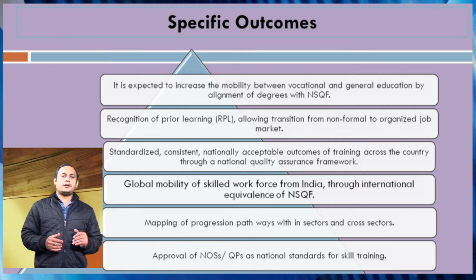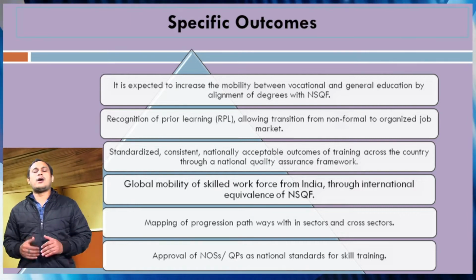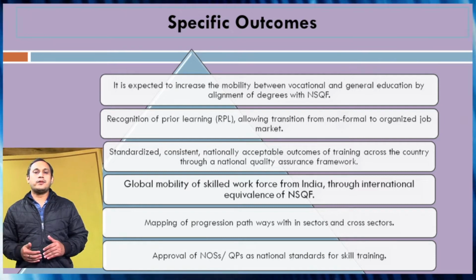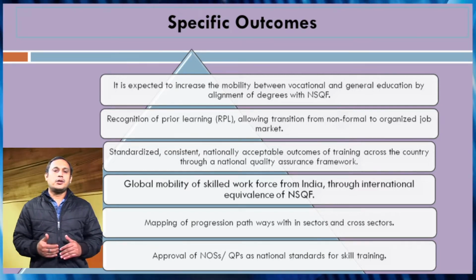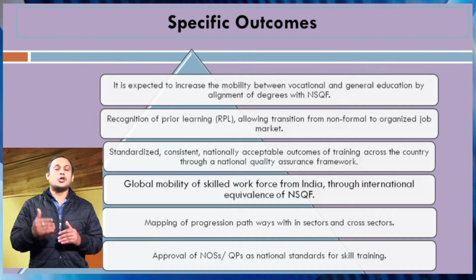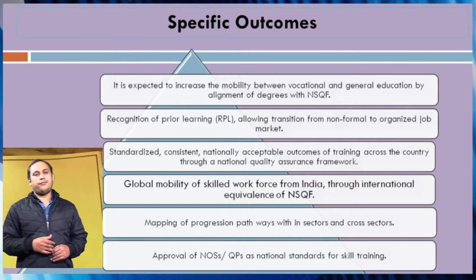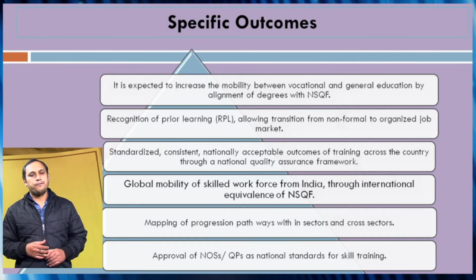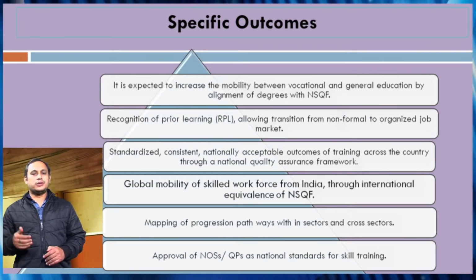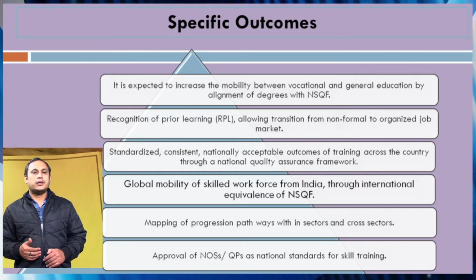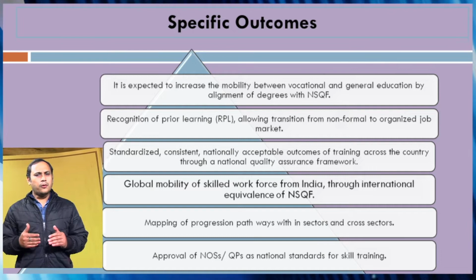Another outcome of NSQF is recognition of prior learning, allowing transition from non-formal to organized job market. Another specific outcome of NSQF is standardized, consistent, nationally acceptable outcomes of training across the country through a national quality assurance framework.